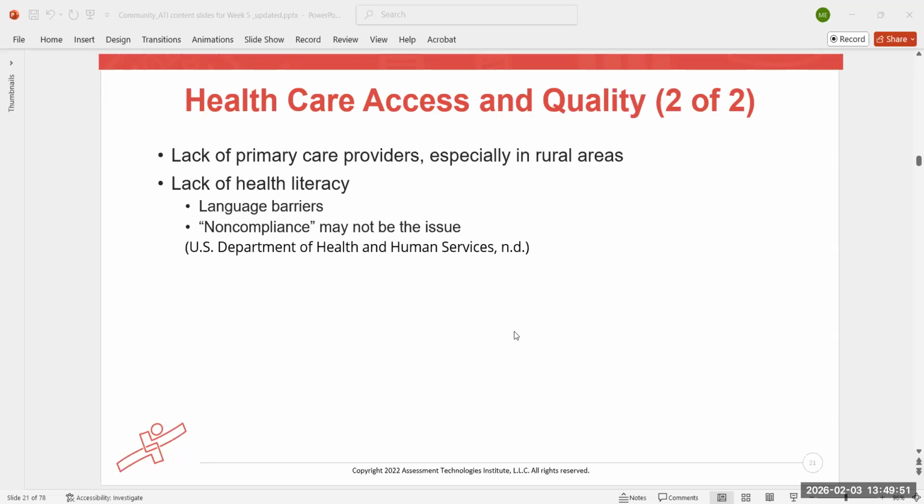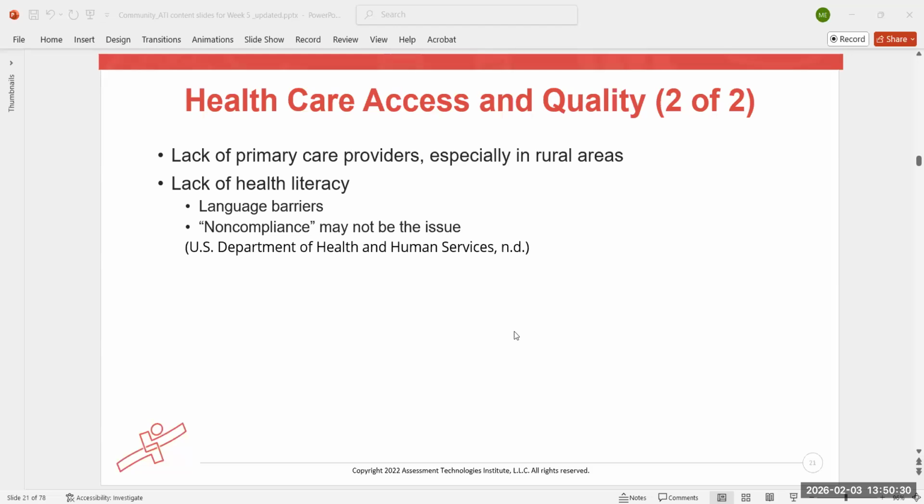Another piece here could just be a lack of understanding or lack of health literacy. Language barriers can impact health literacy. It could be too, how did the patient grow up? What was their overall family influence on health? How does their family view health? How do they view health treatments? And really, you want to be careful when you talk about compliance versus non-compliance with patients, because a lot of times non-compliance may not be the original issue, and there's other influencing factors that make it difficult for the patient to fully comply, but you need to address those issues.